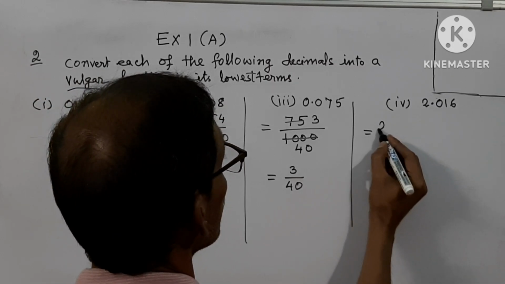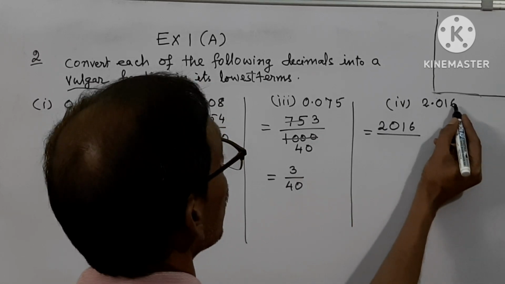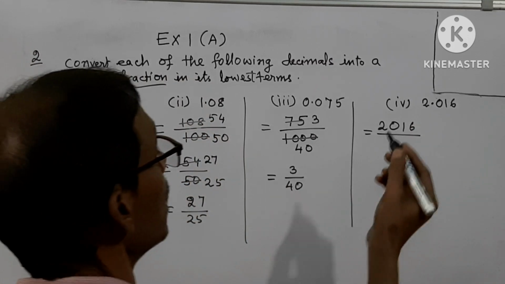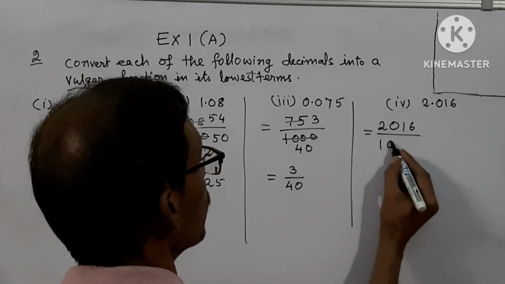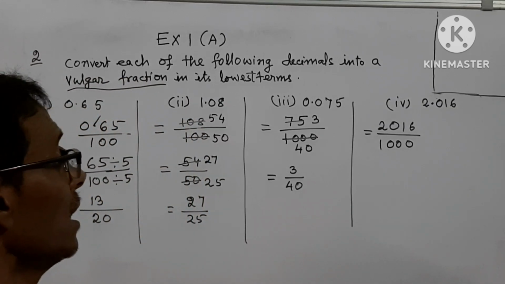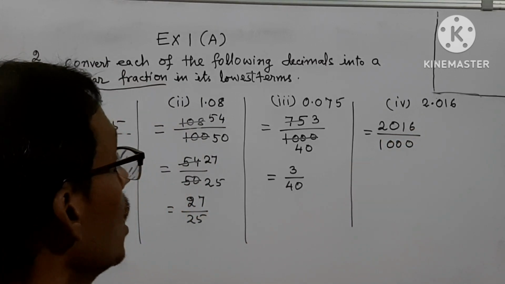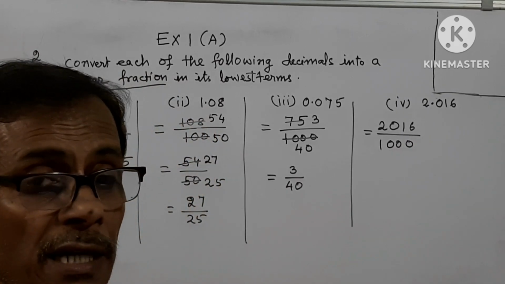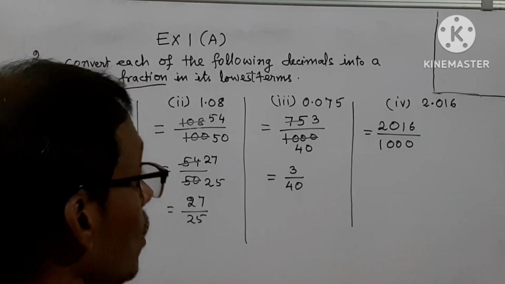Number 4, 2.016, that is 2016 by 1, 2, 3. You have to count the digits from the right till the decimal and put that many number of zeros in the denominator. Again, if you know the divisibility rule of 4, you can see if the last 2 digits are divisible by 4, the whole number will be divisible by 4.